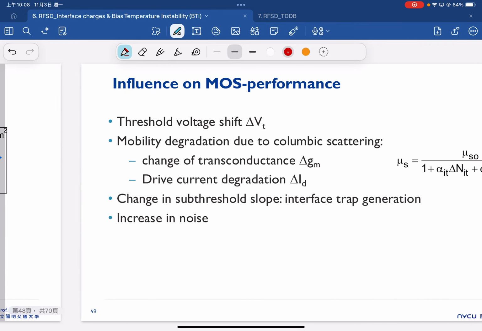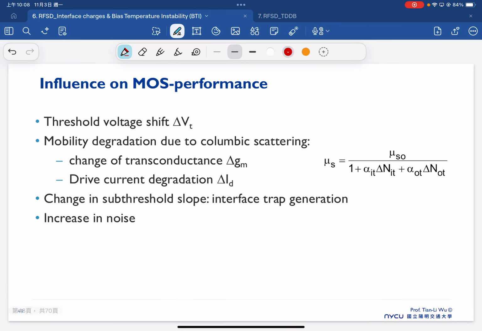Here are some more details on what the influence on MOS performance can be, especially when we talk about interface state density. For sure, we are able to see the influence on the threshold voltage, and once we have a huge amount of DIT, we very often see mobility degradation.